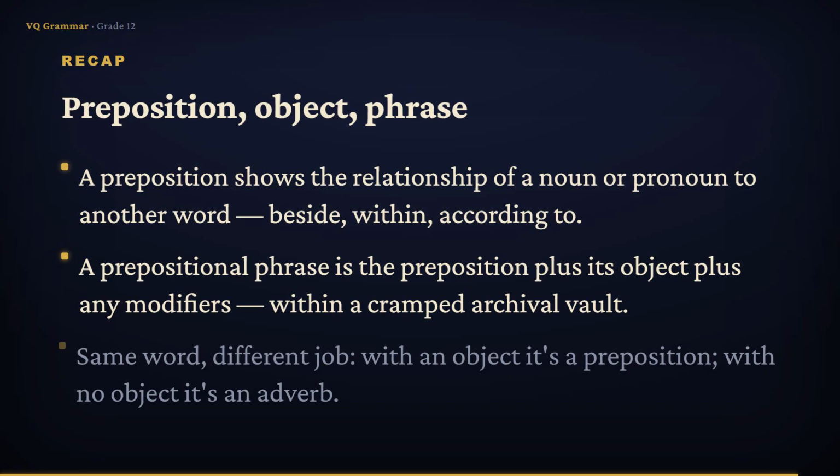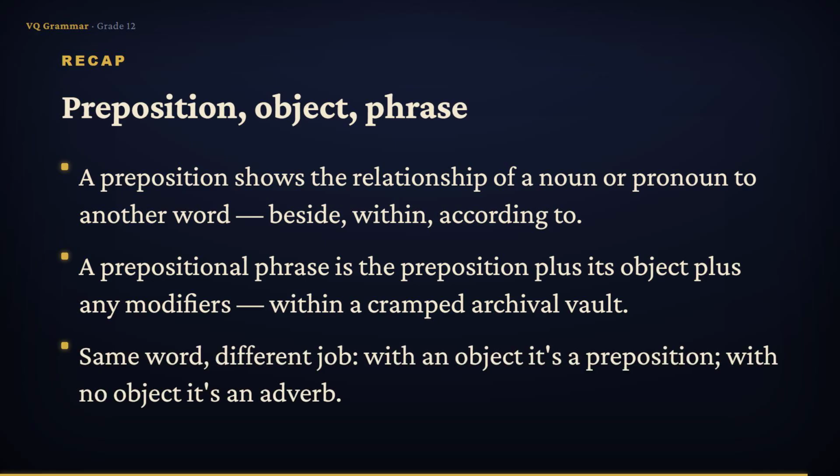And keep this last one close, because it settles almost every hard case. The same word can do two different jobs. If it has an object, it's a preposition. If nothing follows it, it's an adverb. Practice spotting these, and sentences will begin to open up for you.